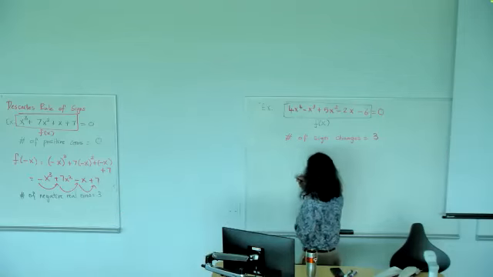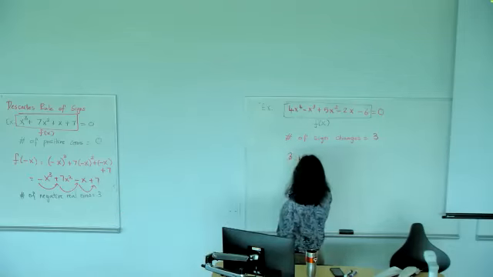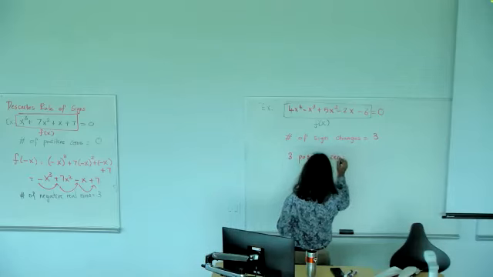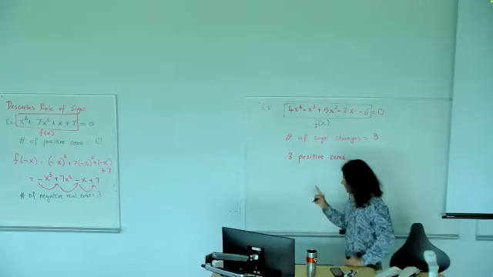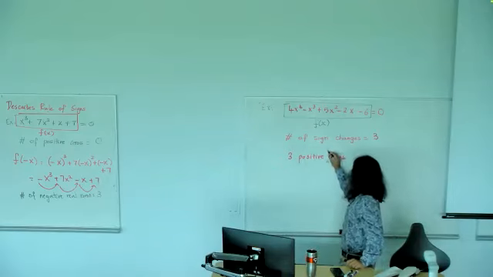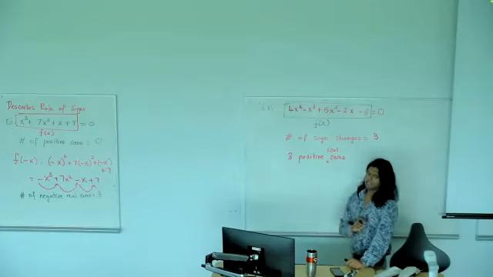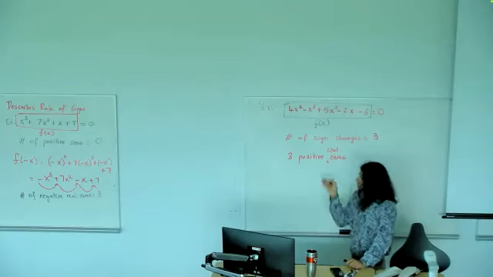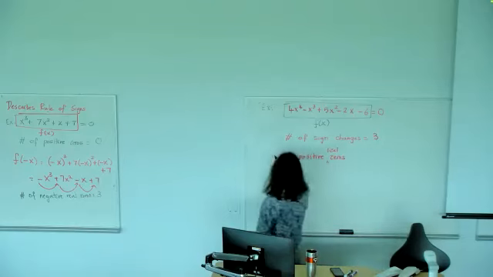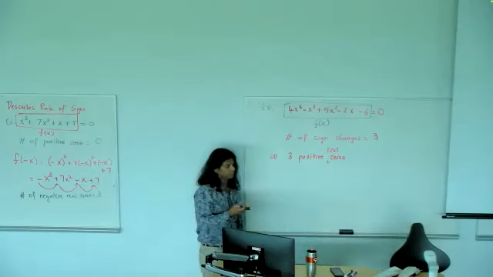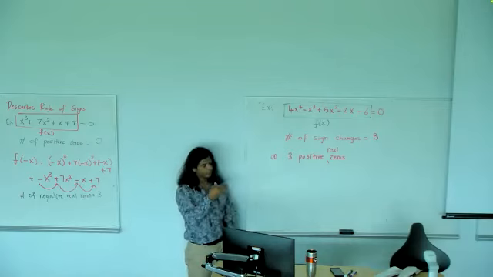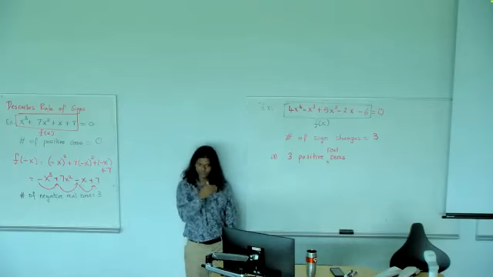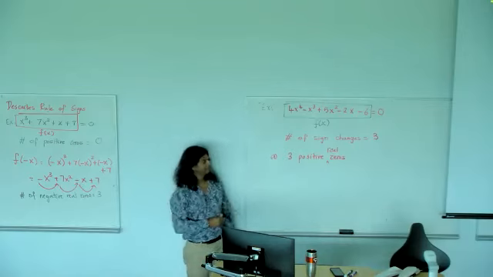So the possibilities are 3 positive zeros, real zeros. That is based on just pointer A, correct? If you use pointer B, the deduction would be, well, you've got to reduce it by 1 positive even integer.